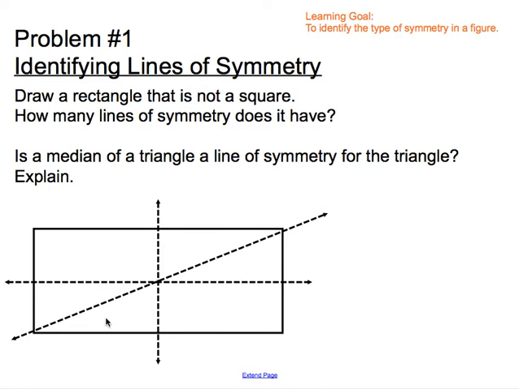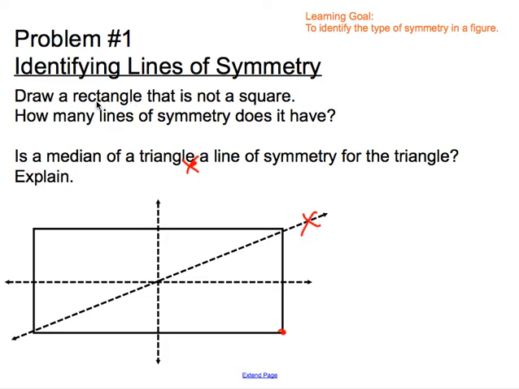If I were to cut this across the diagonal and try to fold this directly over, you can see that we would get something that is not really what we're looking for as line symmetry. This point right here reflected across this line would end up somewhere over here. And this point is not on the figure, so this is not a line of symmetry.